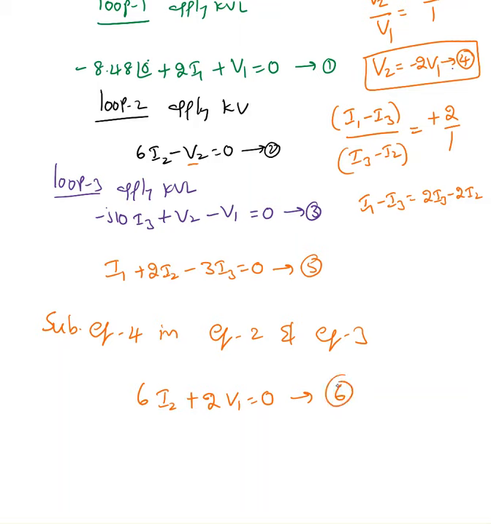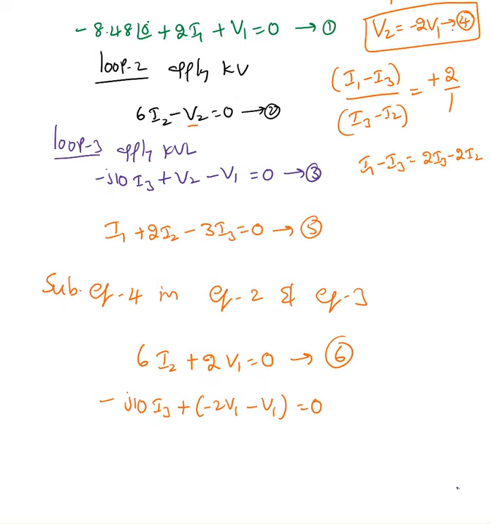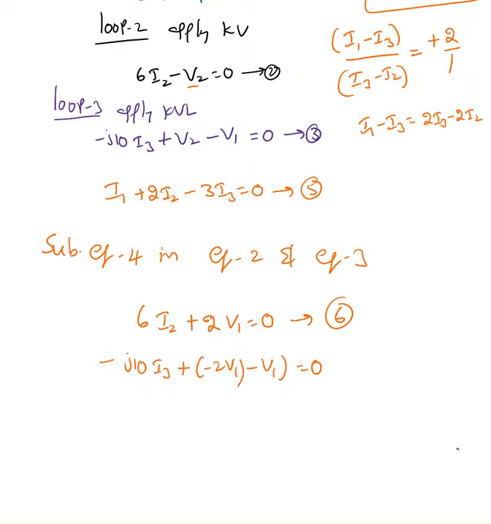I'm going to label this as equation 6. And I need to substitute V2 in equation 3. So minus j10 I3 plus V2, which is minus 2V1, minus V1 equal to 0. So I end up with minus j10 I3 minus 3V1 equal to 0.